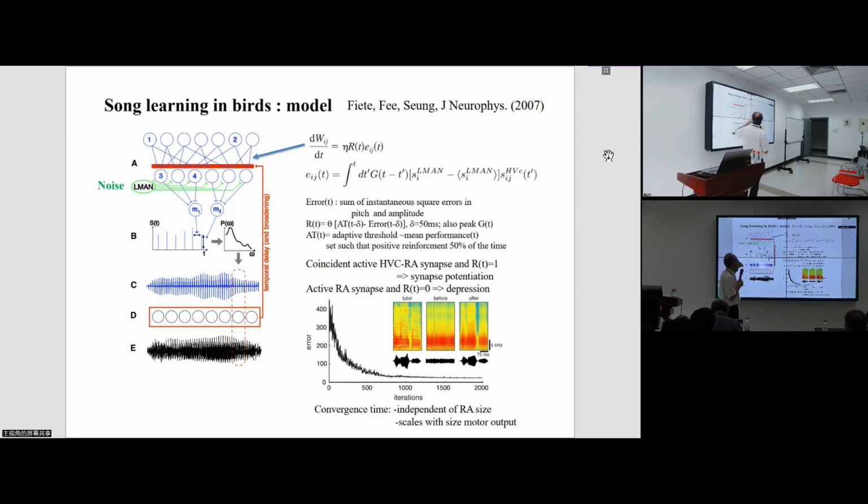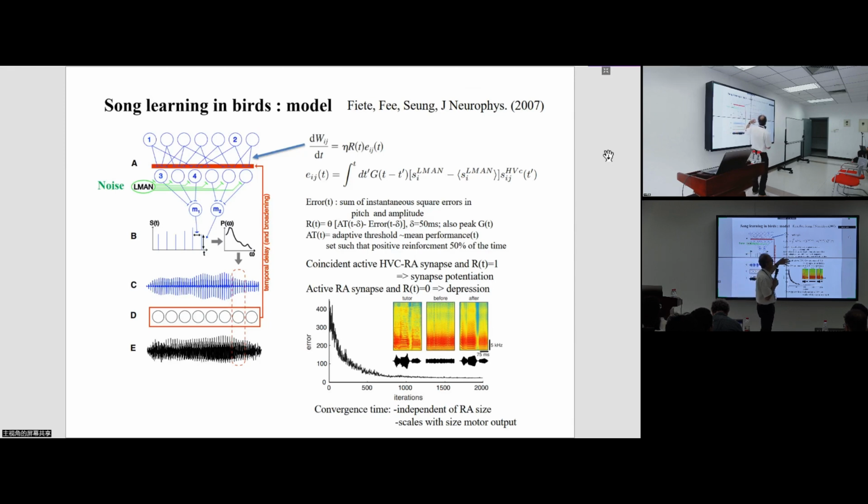Here they really put the error in by hand. They compare the song that is produced to the model song that you want. So there is an error term that you compare to some baseline threshold, and then you adapt.